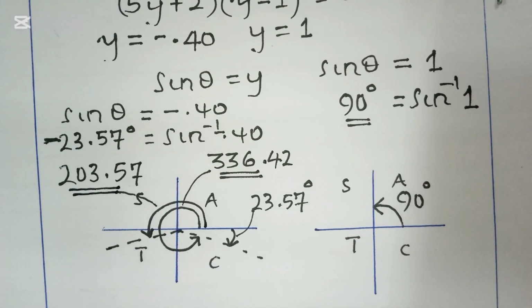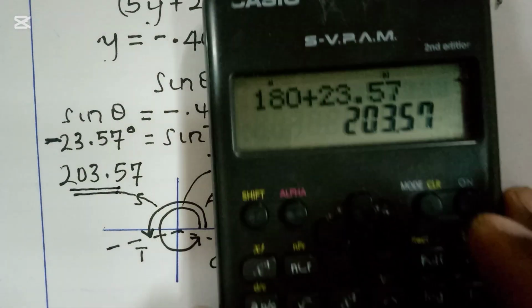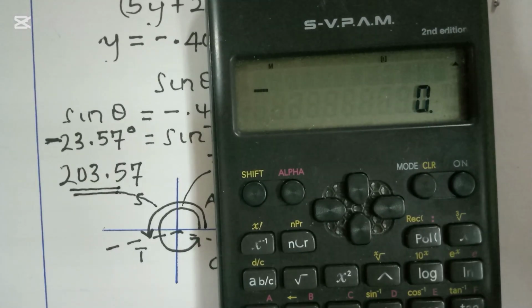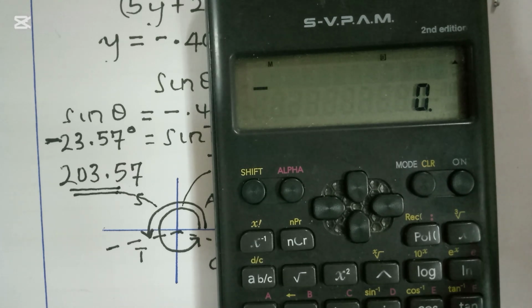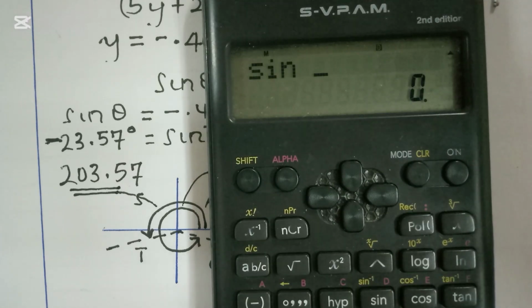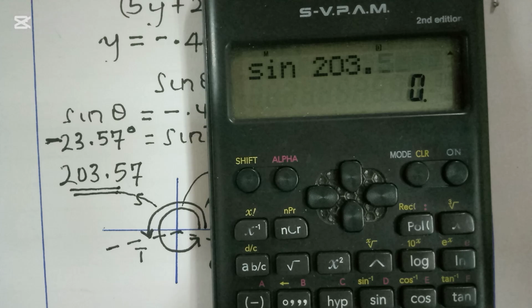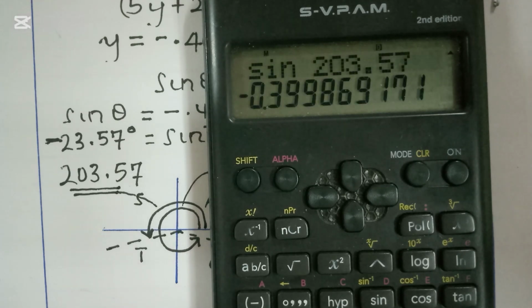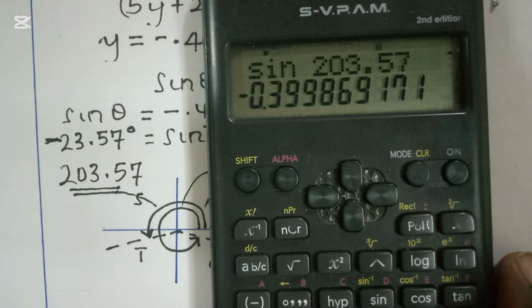Guys, we can check that by looking in the tables or in the calculator, and we find what sine 203.57 is. As you can see, it's negative 0.39, which is approximately negative 0.4.